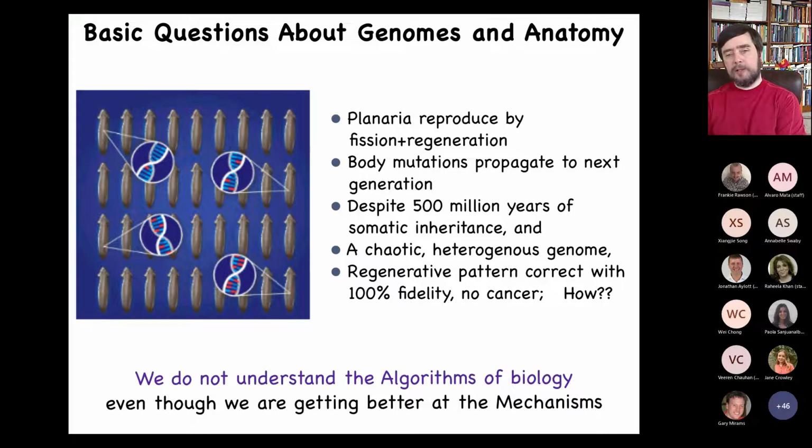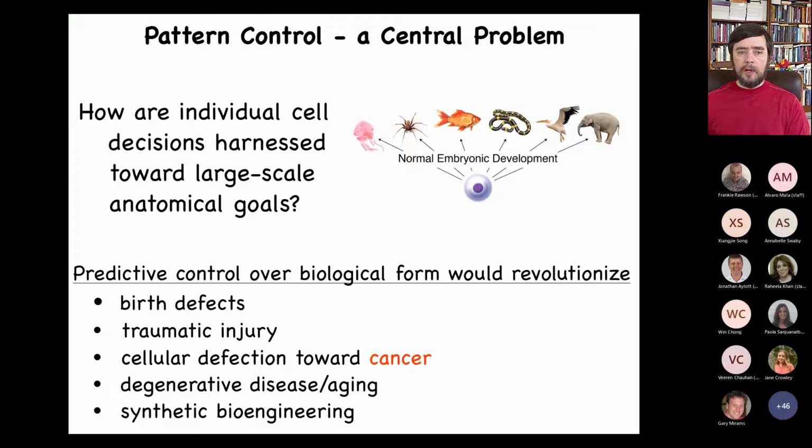How is that possible, and what is that telling us about how many things we still do not understand about the relationship between the genome and the body, that these animals can do that despite their really chaotic genome? So we're getting better at the molecular mechanisms, but we really don't understand the algorithms of biology at all. So this is a central question: how are individual cell decisions harnessed towards large-scale anatomical outcomes?